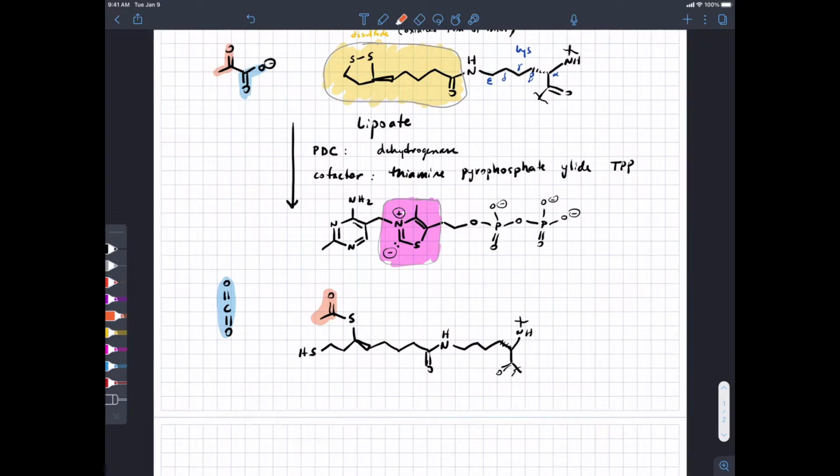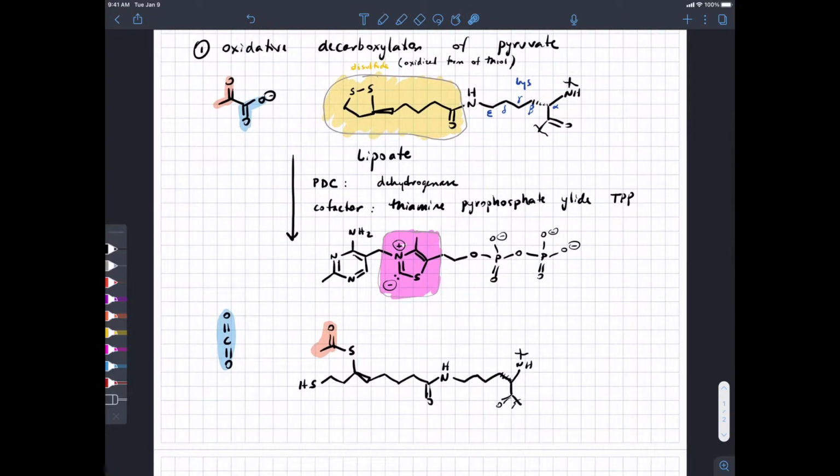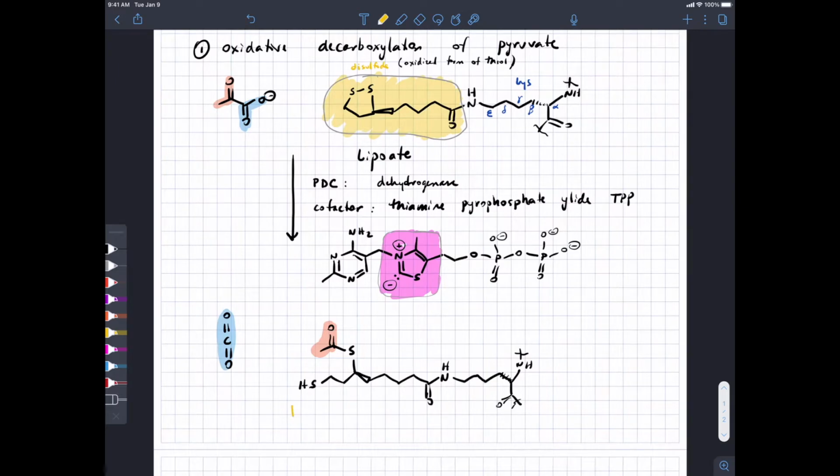And the cofactor will be regenerated, so it's a catalyst. And notice what's changed here. We went from having a disulfide to now below having thiols. So that's an oxidation step. Well, it's a reduction step for the thiol, rather. So this disulfide gets reduced to the thiol.